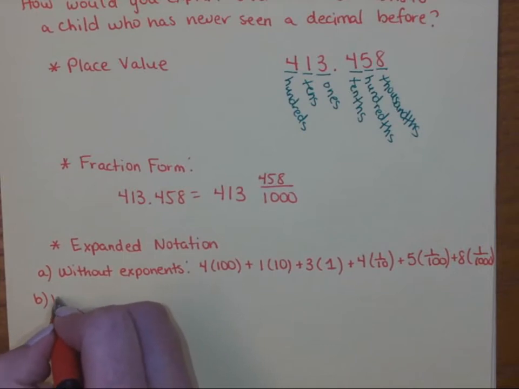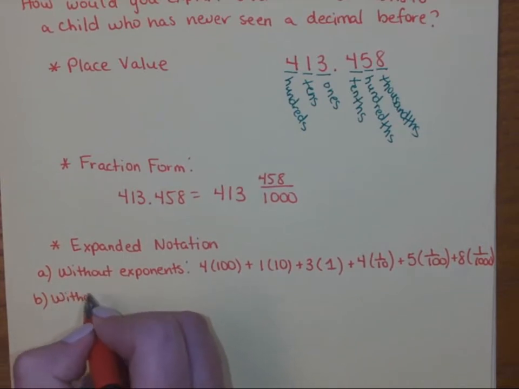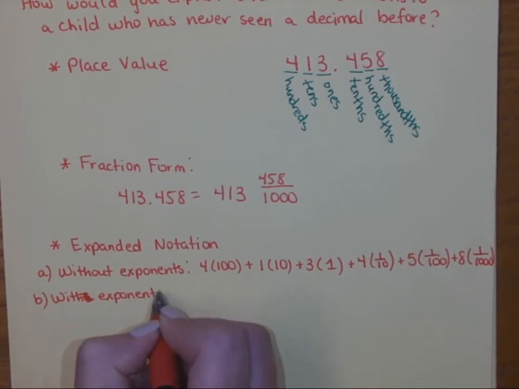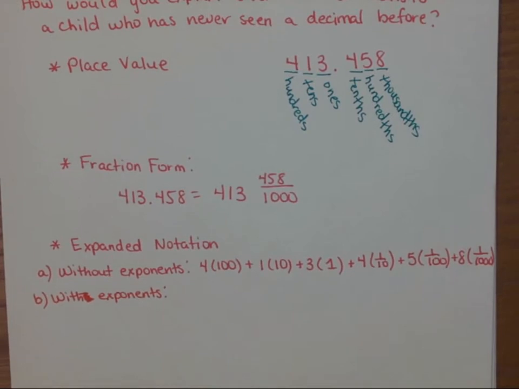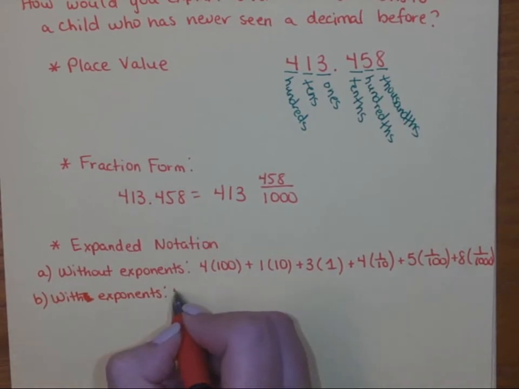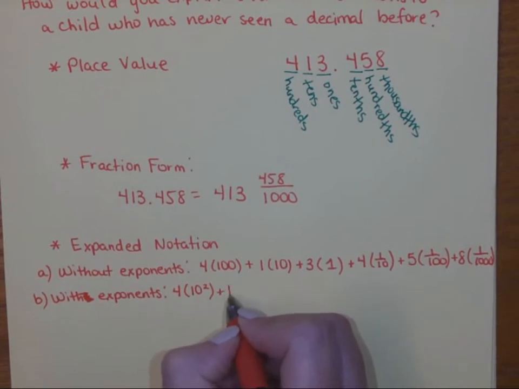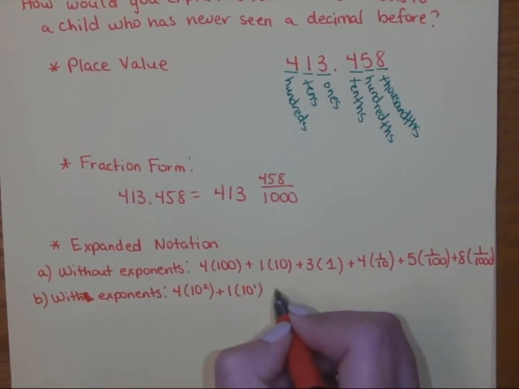But about 5th, 6th grade, we start looking at things, sorry about that, that's just a mistake, with exponents. So I already mentioned our number system is base 10, right? So this 4 would be 10 squared. The 1 would be 10 to the first.